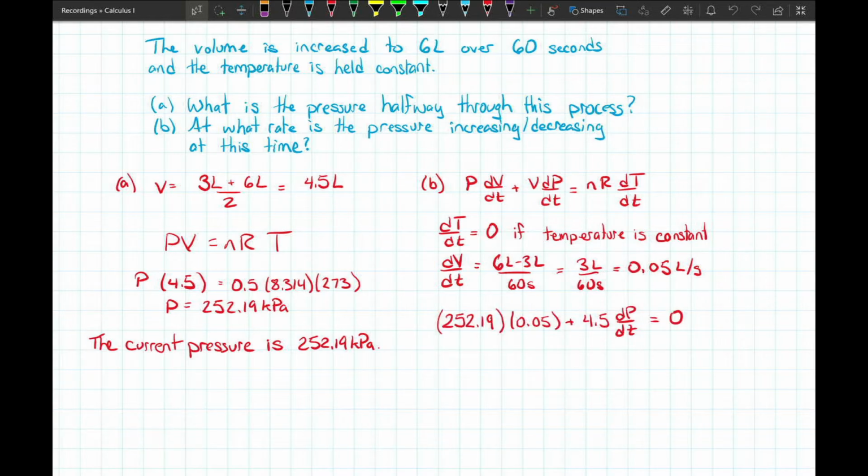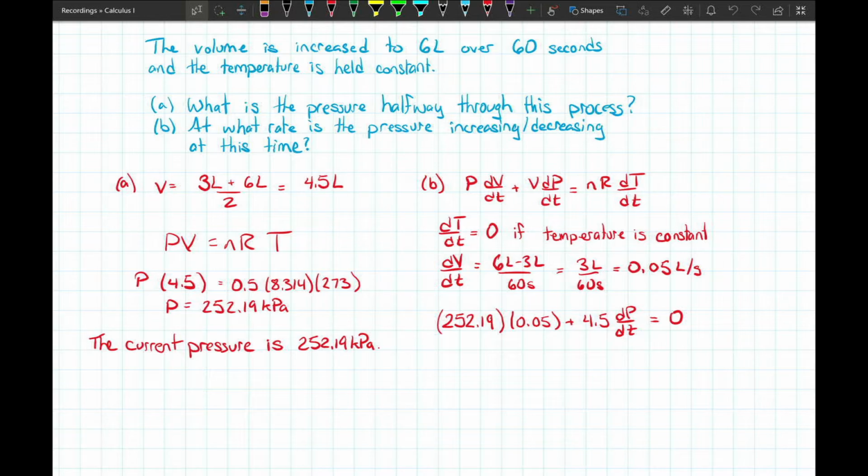So plugging in the current pressure of 252.19 kilopascals that we just calculated, and the current rate of change of volume of 0.05, and the current volume of 4.5 liters, since we're halfway through the process, that's multiplied by dP by dt, which is the rate of change of pressure.